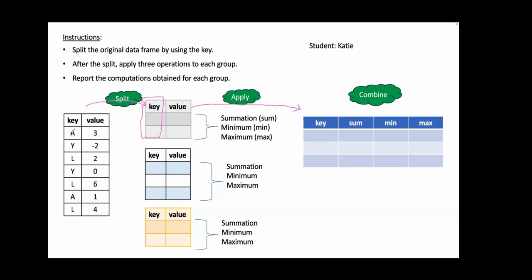So for example, there is a key here, A, and there is another key here, A. So I could write here A, and then write a corresponding value for A, and that would give me the first group. And I could do the same for the other keys. And then from there, you do the summation, the minimum, the maximum for each table, and you report that in the latter table. Any questions?